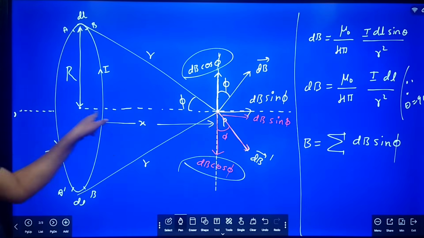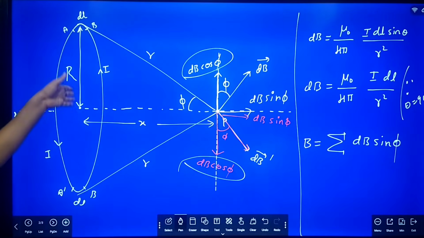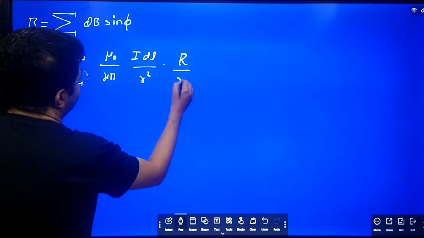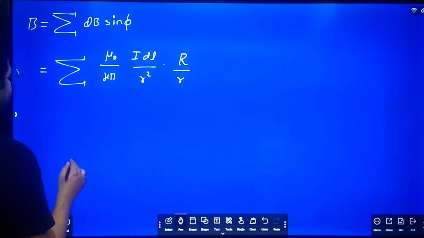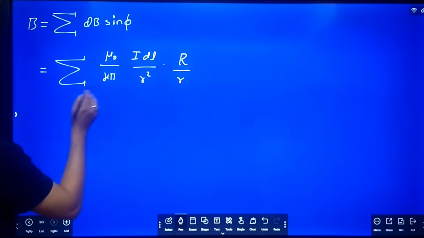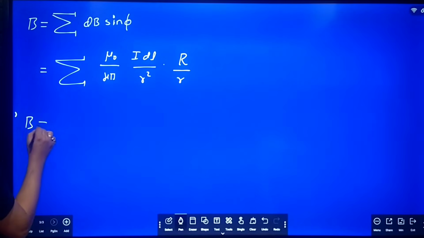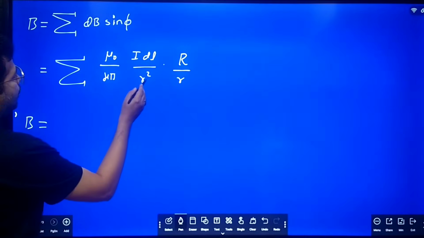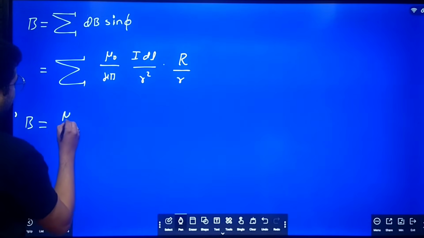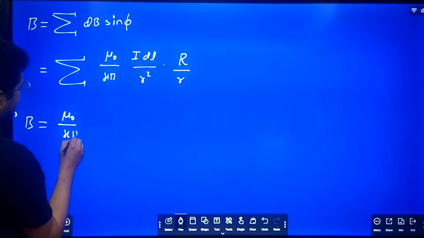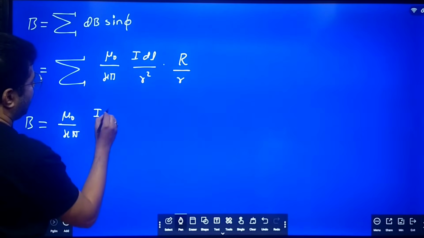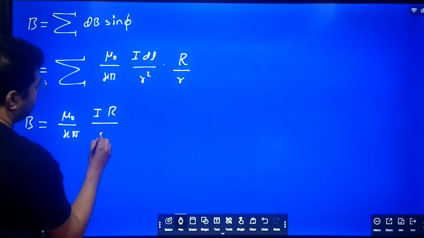From the diagram, what is sin phi? Sin phi is equal to opposite by hypotenuse, which is R by R. Now what happens here? The total magnetic field B is equal to mu naught by 4 pi into I into R, divided by R cube.